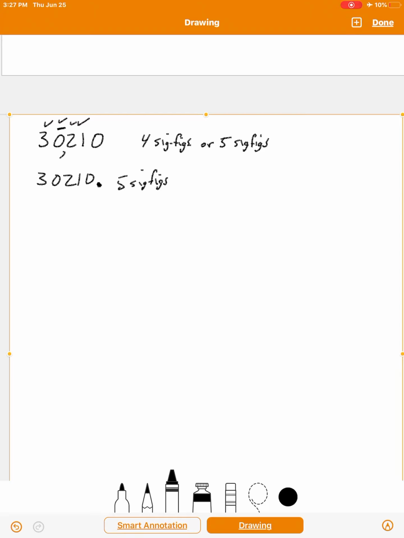Now, counting sig figs. The next step is the rules of addition and subtraction. If you are adding or subtracting numbers, what I recommend, and most authors would recommend, is that you line the numbers up just like you learned in basic arithmetic, with the ones column on top of each other, with the decimals in the same column.